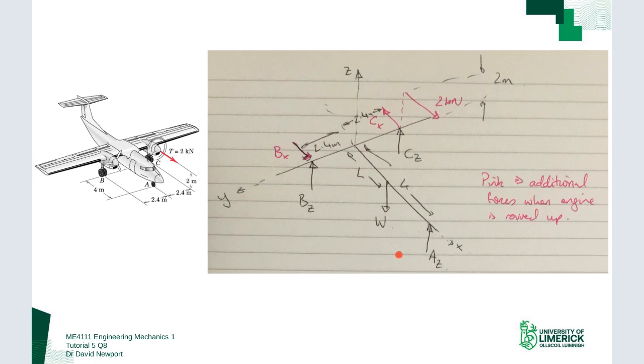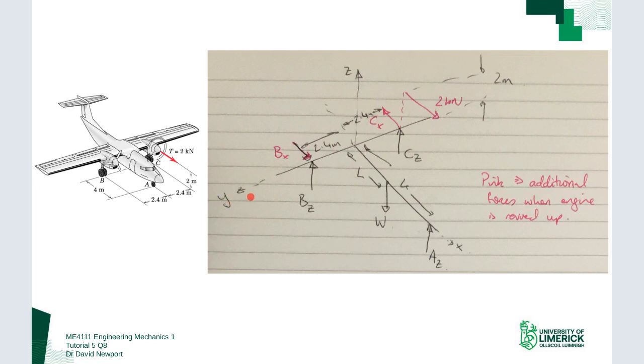So the values of AZ between the loaded and unloaded condition change. That's what the question is asking us to do. So we need to have a look at this and figure out what we're going to do. Now, the first thing is, if we think back to the previous example, what I did was I took moments about a point where a lot of forces were acting.